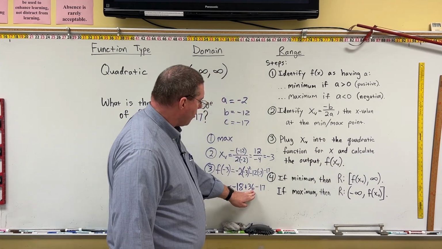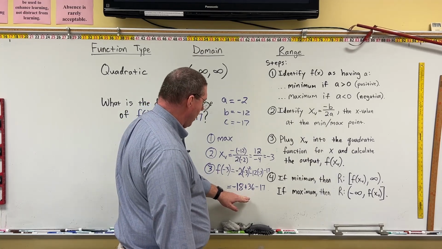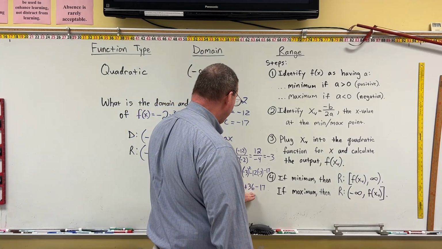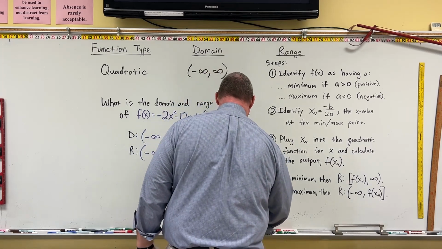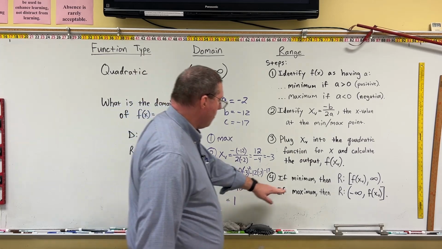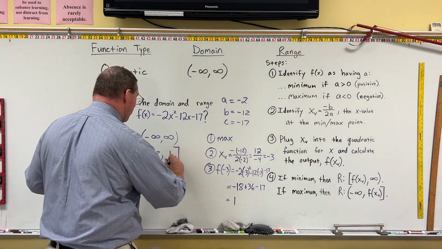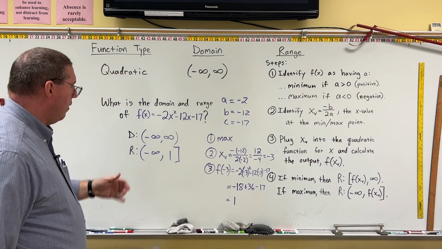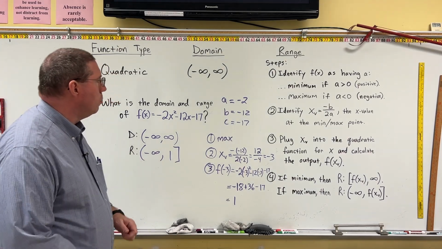Negative 18 plus 36 is positive 18. And positive 18 minus 17 is 1. And therefore, f of negative 3, the output is positive 1, and that is the number that goes in our range. And therefore, the range of this function is from negative infinity up to 1.